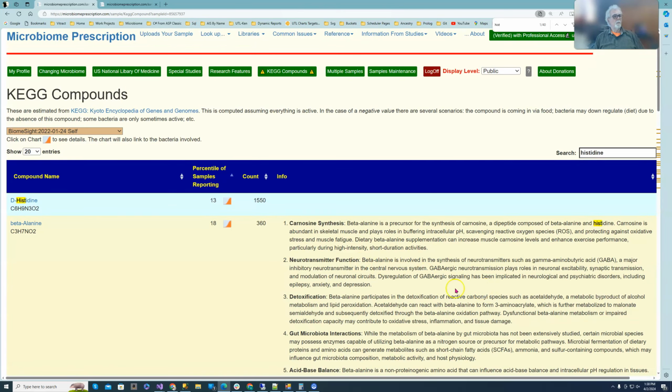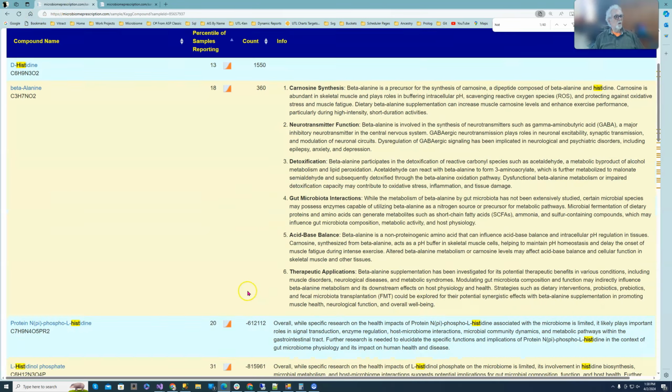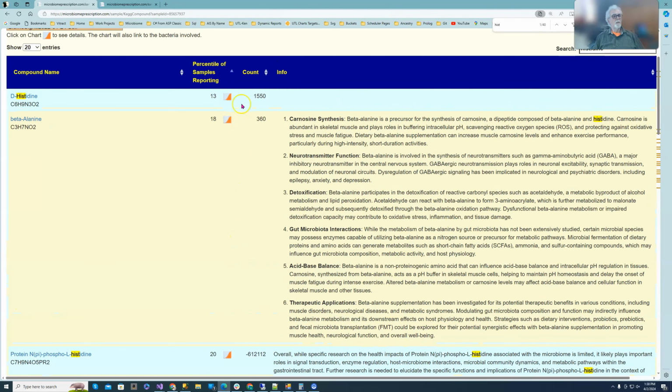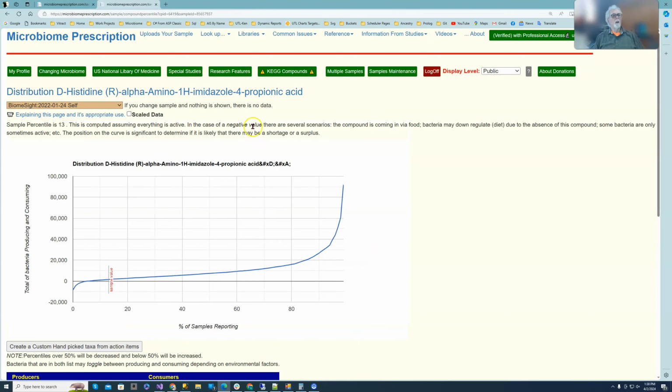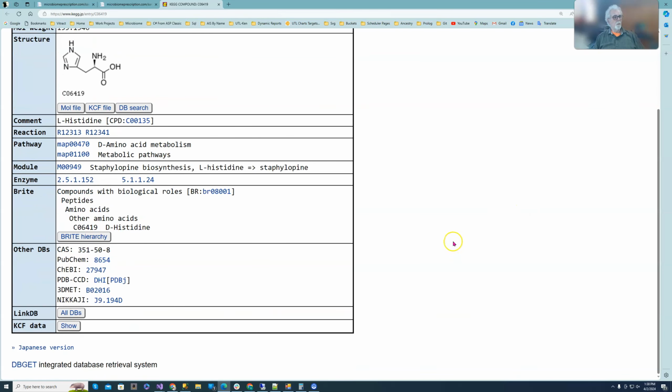Now, if you go across to here, let's just go over to histidine. Here, go over to the chart. You notice this is hyperlinked. If you click the hyperlink, it will go over to the Kyoto Encyclopedia one, and you can now see we have pathways, which is what becomes part of it.